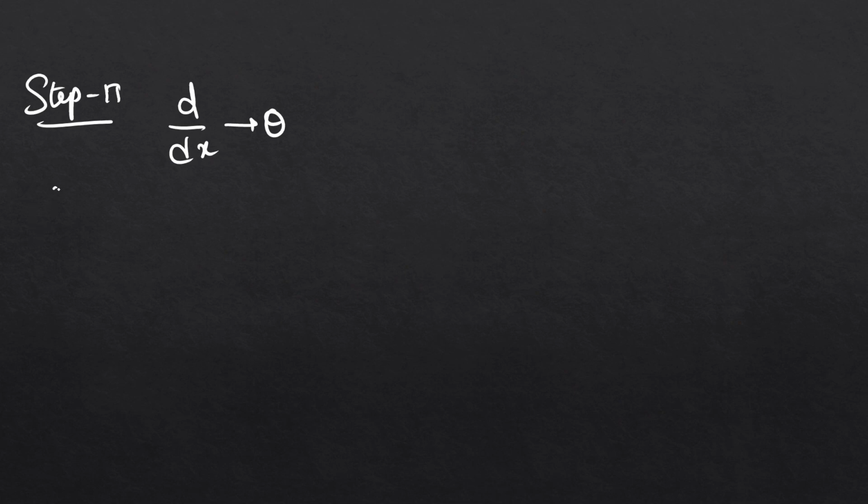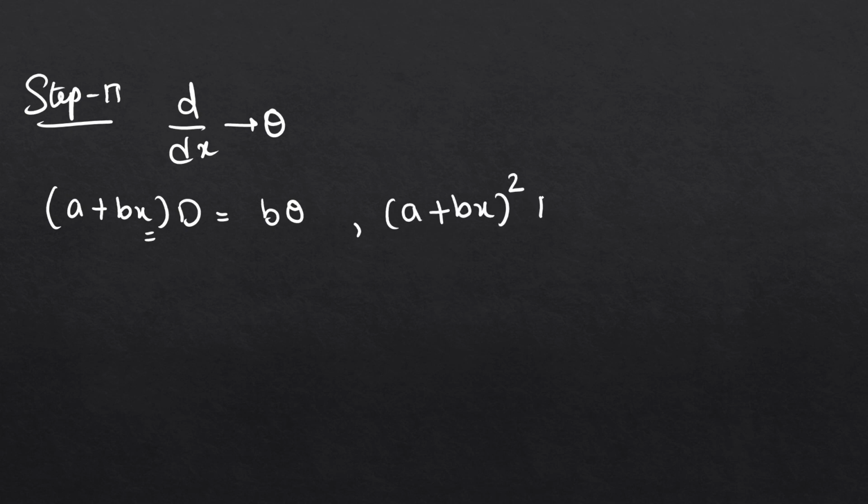So again, if I want to replace (a plus bx) D, it can be changed to b theta. We have to take the coefficient of x with theta. Similarly, if I want to write down (a plus bx) squared D squared, I will write down b squared theta (theta minus 1).